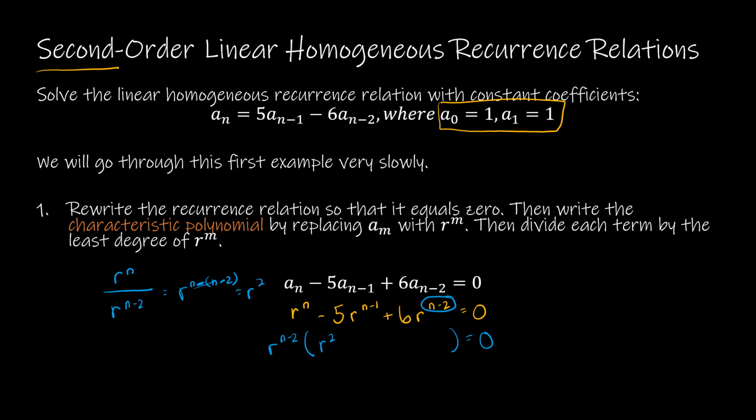So that's where that came from. That gives me minus 5r to the first, and then plus 6r to the 0, which of course is just 6. So my characteristic polynomial is r squared minus 5r plus 6 is equal to 0.